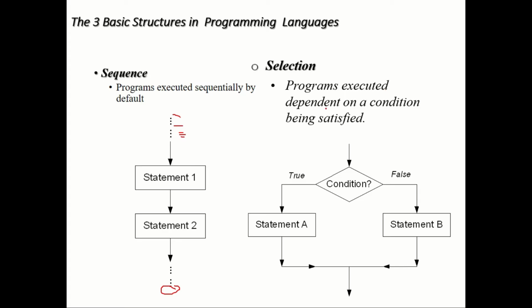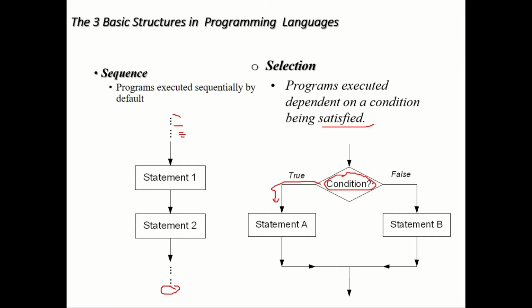Here the program is executed depending on a condition being satisfied. As I told you in the previous slide, there is a condition to check. If the condition is satisfied, go to the right execution direction or line number.